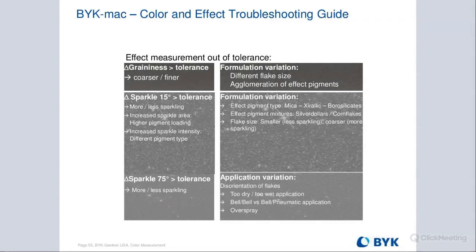And the solid color instruments work great on interior colors because of that circumferential illumination, but not so great for metallics or mica coats. So you really need to use the BYK-mac for that. Gotcha. Understood.